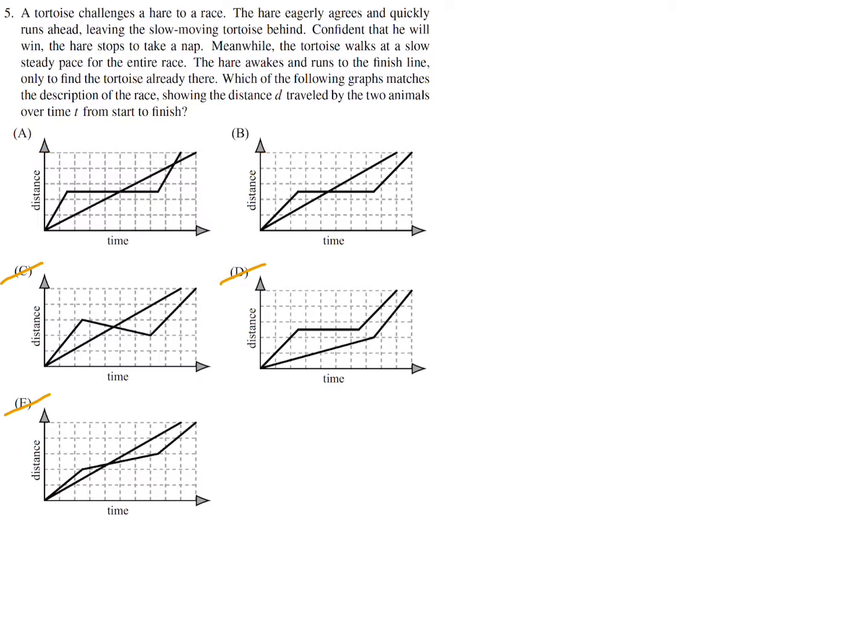Well, when you look at those graphs, this one is getting to that at this time, but that represents the tortoise, and then the hare gets to the finish line later, a larger amount of time. So that choice B is representative of the information in the question stem. So number 5, the answer is B.